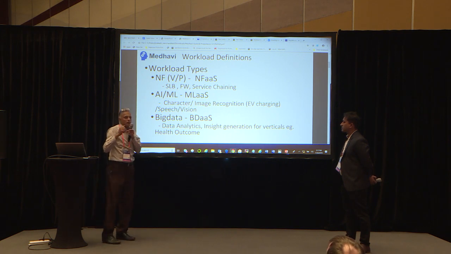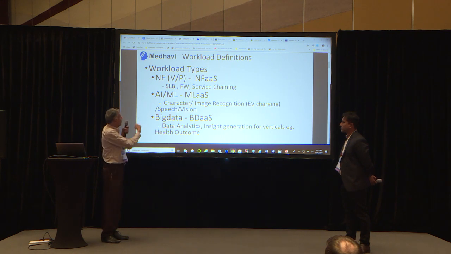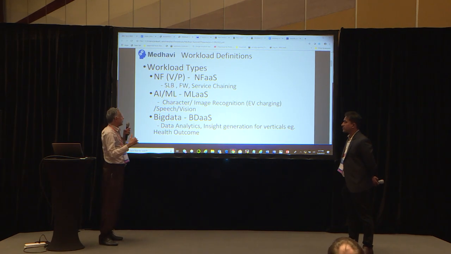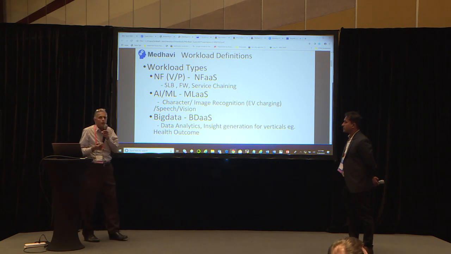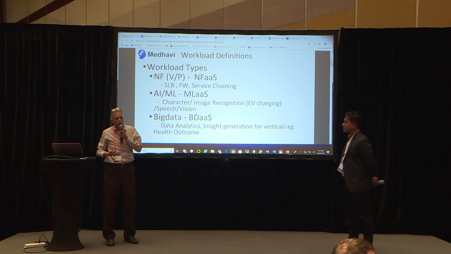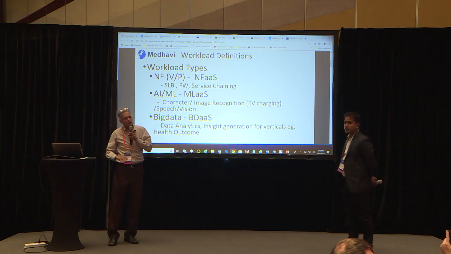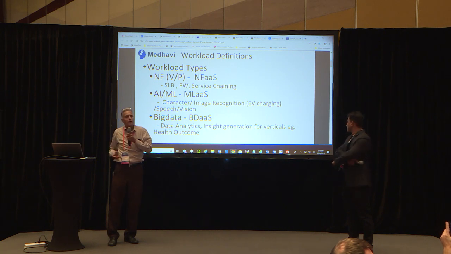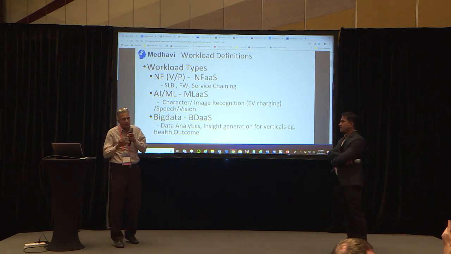AI and ML is artificial intelligence and machine learning. Machine learning as a service is what they require. Their workload again characterizes. For example, you saw in the Intel booth here, they had an EV, electric vehicle charger. A car is entering and it has got a nameplate, and that nameplate has characters and an image.